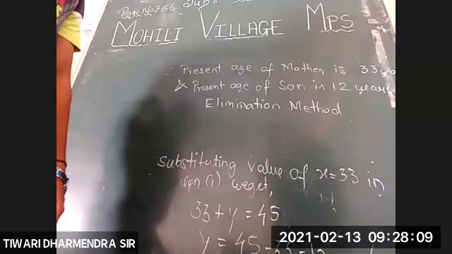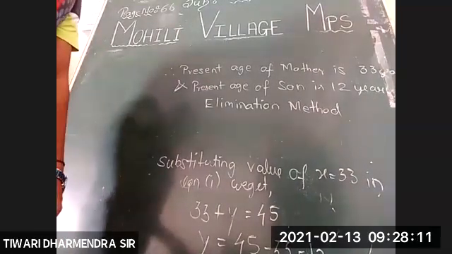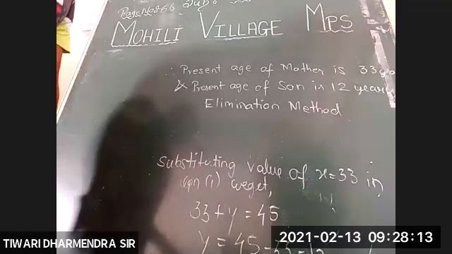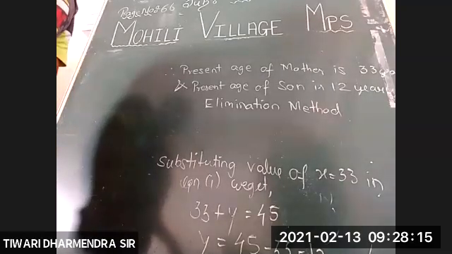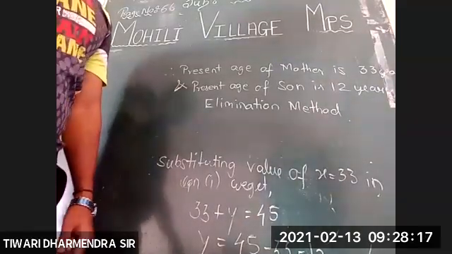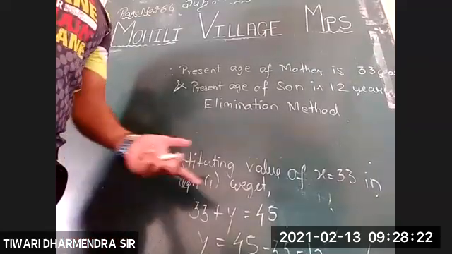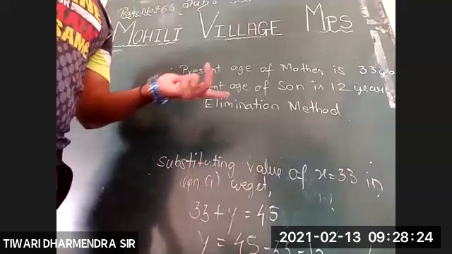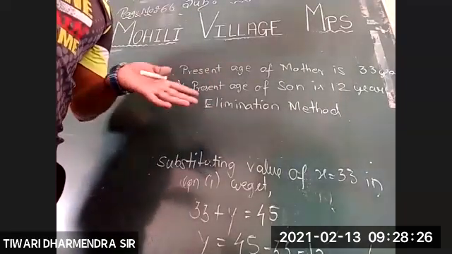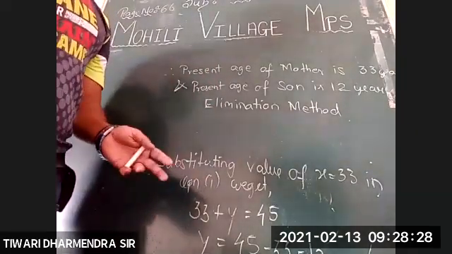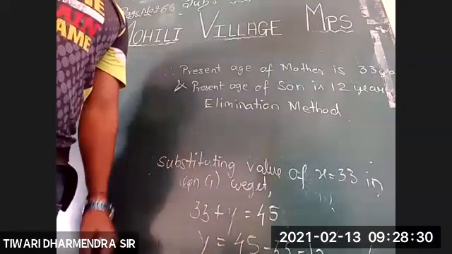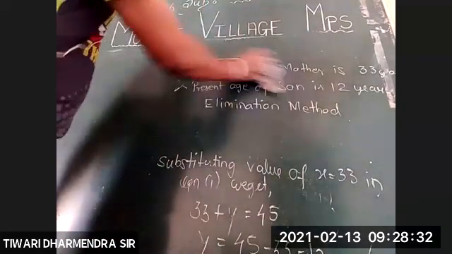So now let's start with the next form, that is the general form of linear equation in two variables. Now general form, what do you mean by general form of linear equation in two variables? The equation that you write will be as it is, but instead of constants we'll be having real numbers in the form.